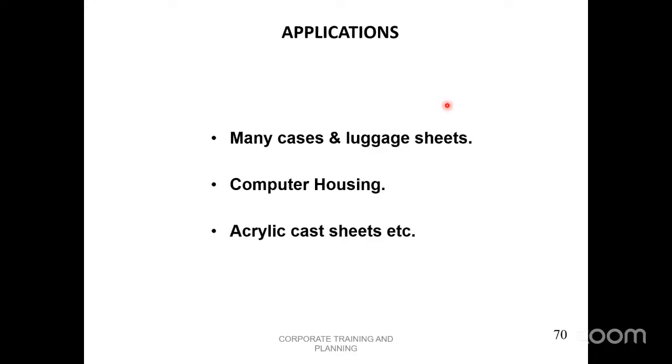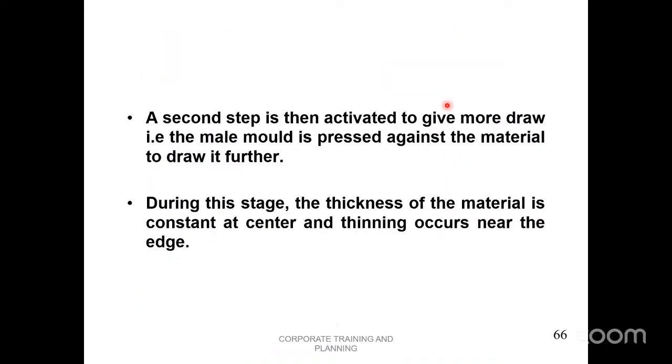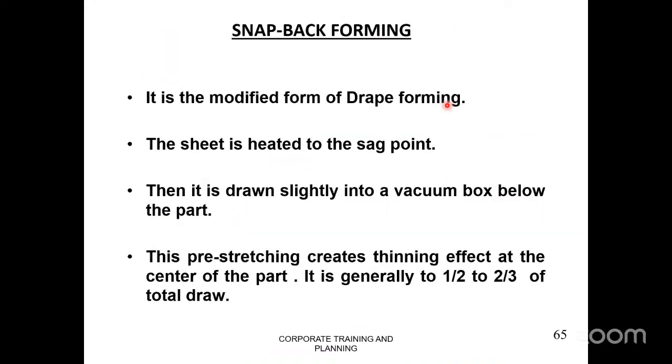See now, friend. We are talking about the snapback. It is modified from the drape forming. Same method. Only we have to hit at the sag point, and you have to draw the vacuum from the box. And here a male mold you have to use.